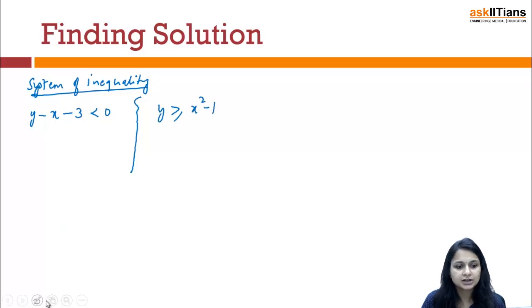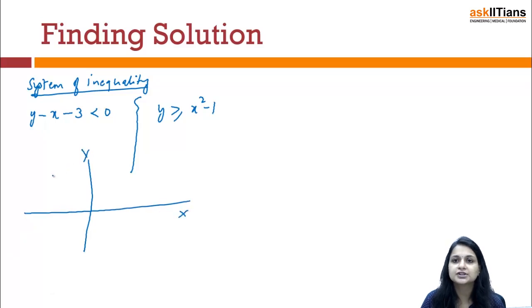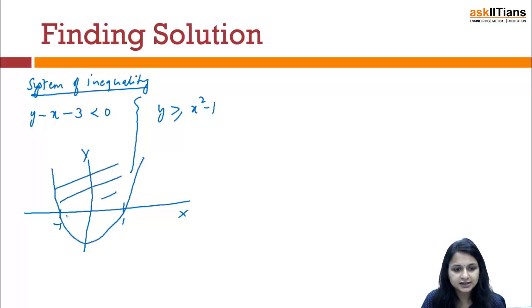So what I'll do in this case, on the same graph with x and y axes, I will try to represent both of them and then we will find the overlapping regions. Now y greater than or equal to x square minus 1 we have already done. So let's draw it first. So it would be a firm line like this and the region inside it.